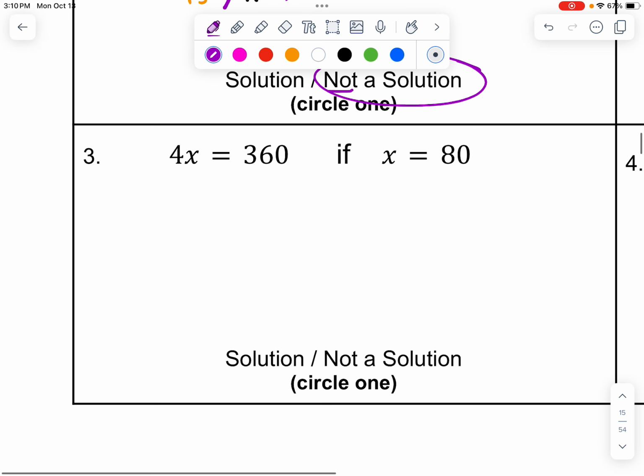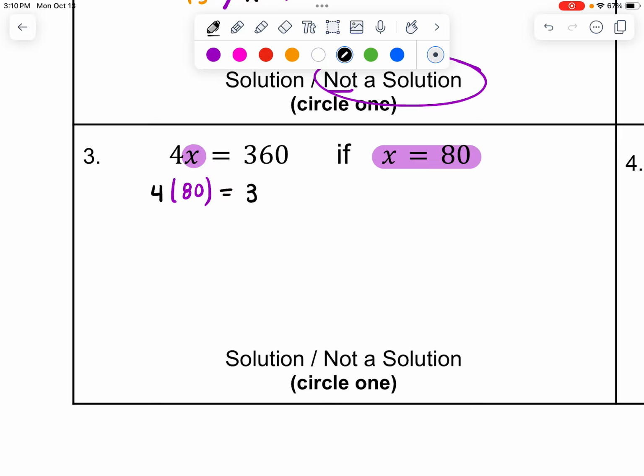Next, here is my variable x. Here is my number, 80. First, I will substitute 4 parentheses 80 equals 360.